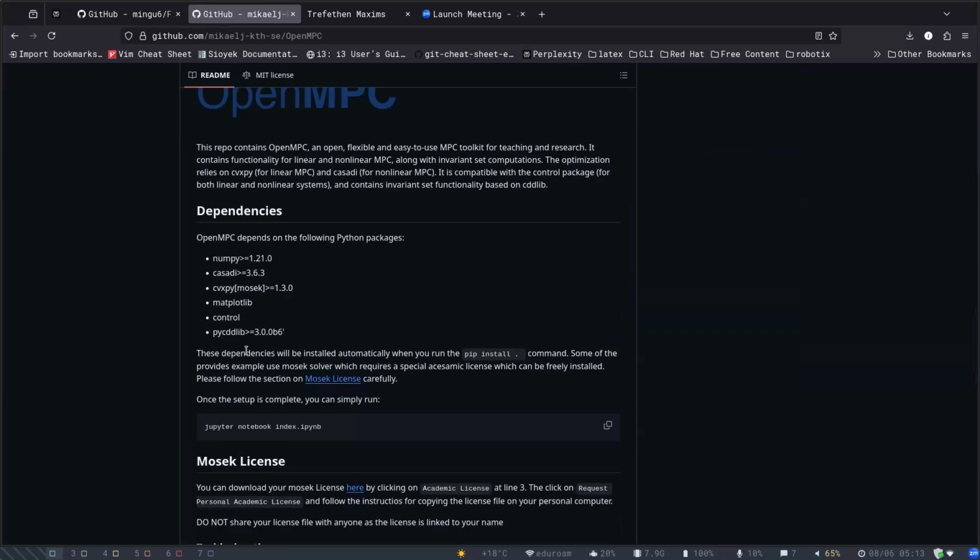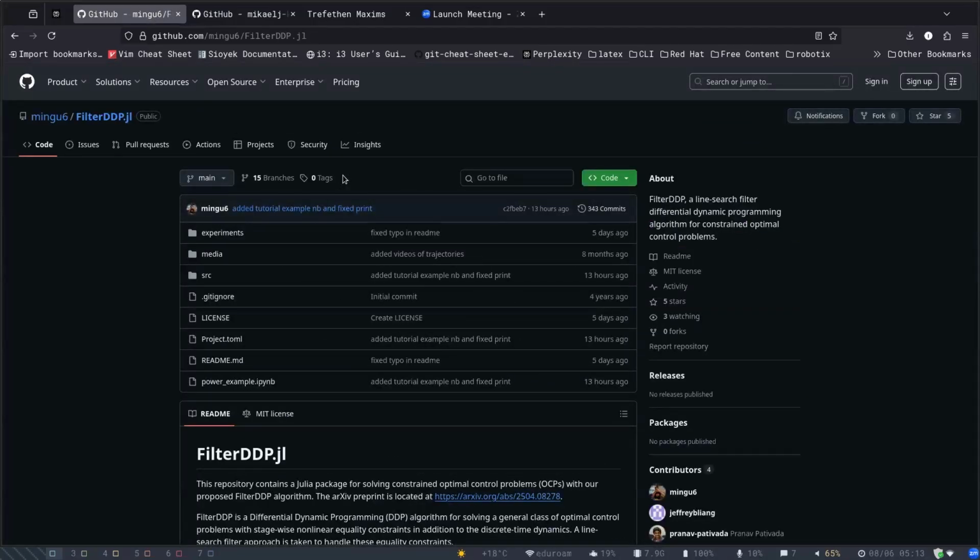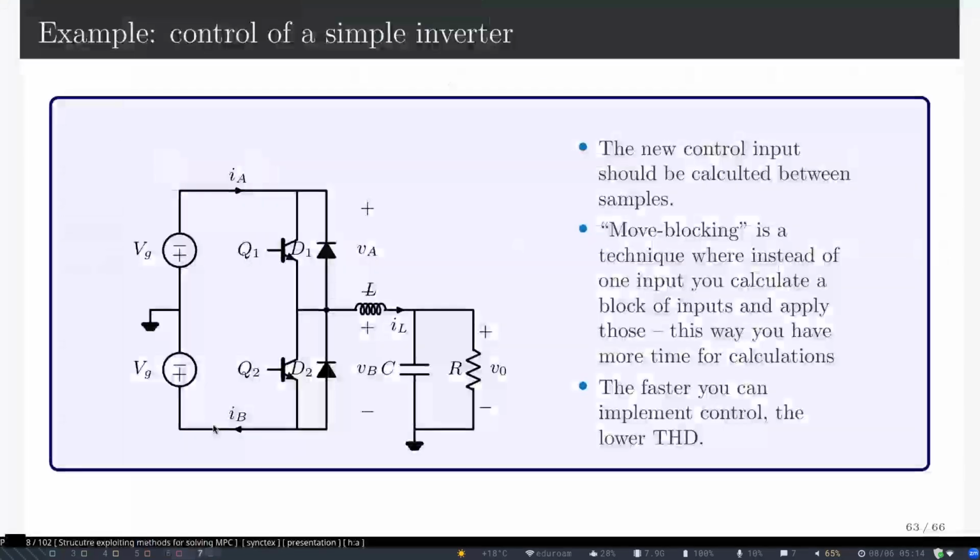I ran it on Linux. It worked the first time, so I didn't need to do anything about it. There is a second example I'm going to show you solving the same problem using DDP, the filter DDP algorithm. It's written in Julia, and that's the repository if you want to test that as well. There is this notebook that you can use. The notebook was a bit buggy on my computer, but maybe if you run it, it's going to work. So it's up to you. If not, let's go for the right then.